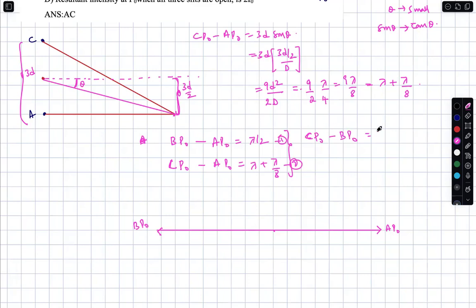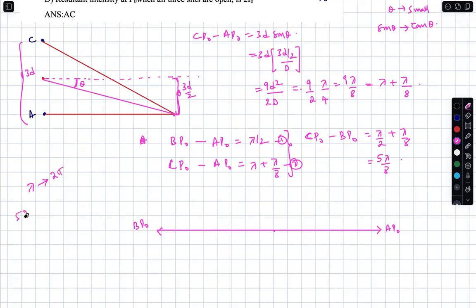You'll get lambda plus lambda by 8 minus lambda by 2. This can be written as 5 lambda by 8. See, the corresponding phase difference is what I want. Lambda implies 2 pi.